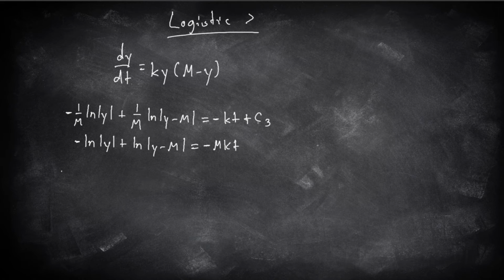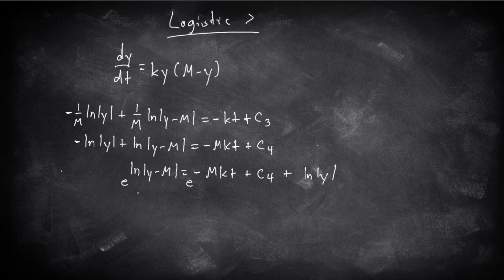M is just a constant times another constant c3, which makes another constant, so plus c sub 4. Okay, this is negative, so let's move that to the other side. So natural log of y minus m is equal to negative m kt plus c sub 4 plus natural log of y.